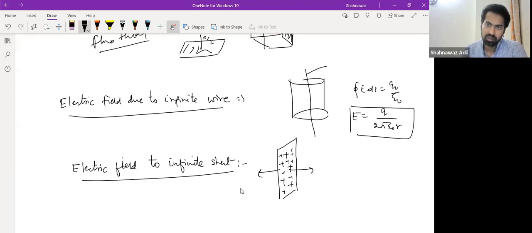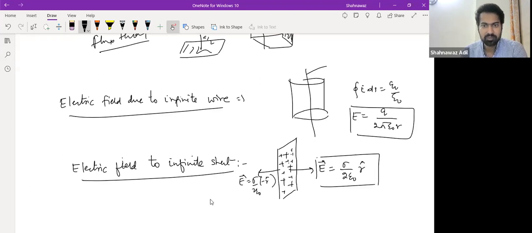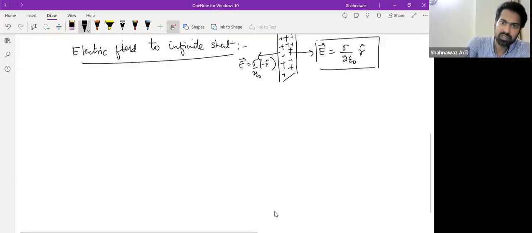What is the electric field? Electric field is equal to sigma by 2 epsilon naught. Yes, absolutely correct. Sigma by 2 epsilon naught, let's say in the direction R, and same here also, so this would be sigma by 2 epsilon naught, but in the direction minus R. So this was the electric field due to an infinite sheet.